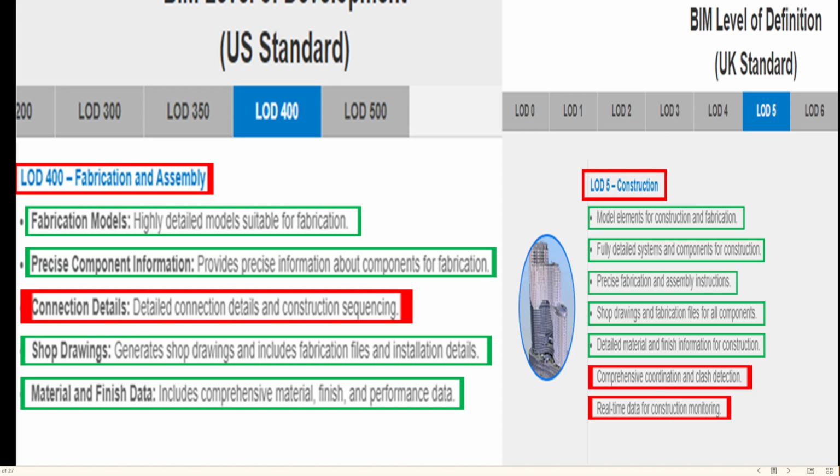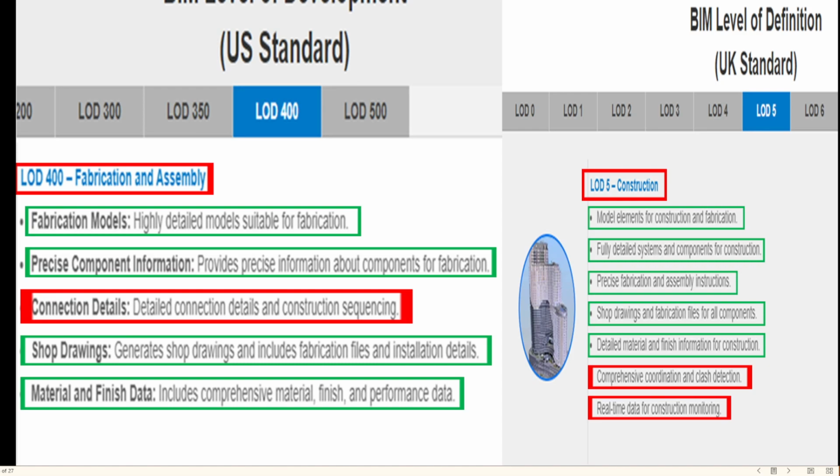While fabrication and assembly LOD 400 is seen in the US standard, LOD 5 called construction is seen in the UK standard. Fabrication and assembly instructions, comprehensive material and finish information and performance data for construction, generating shop drawings files and fabrication for all components and supports of site and the fabrication process are available in both standards.